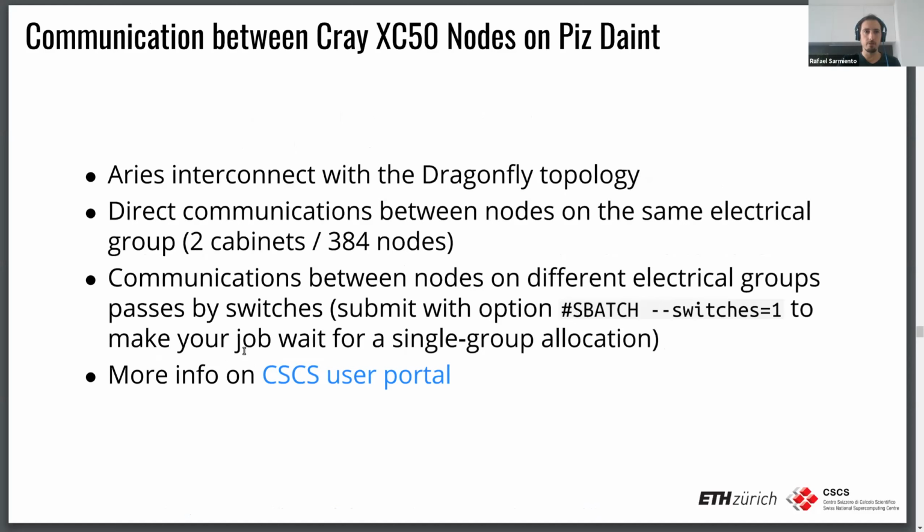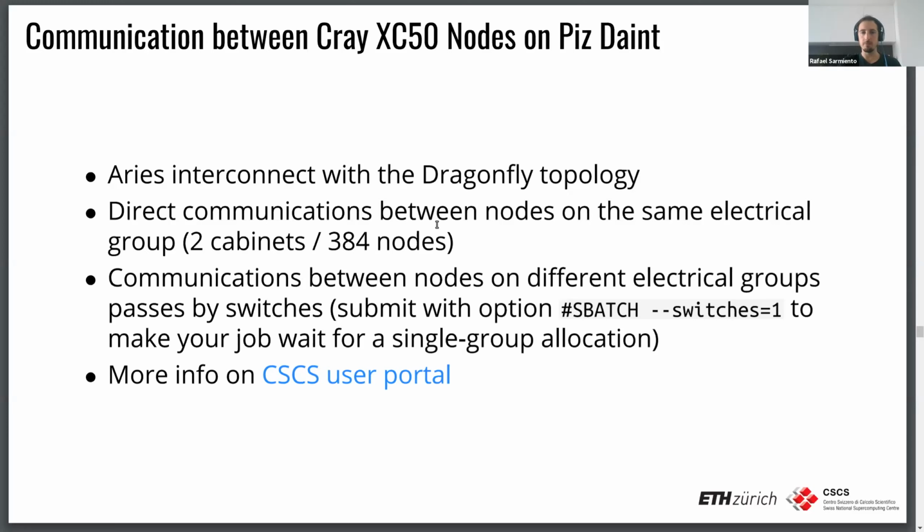Now, before continuing, let's make a stop and look a bit at where this happens on Piz Daint, which is the system we are interested in. On Piz Daint, the communication is done through the Aries interconnect, which is a network solution from Cray. In particular, Aries has the dragonfly topology that describes how nodes are connected to each other.